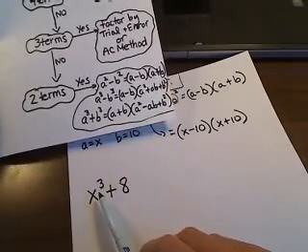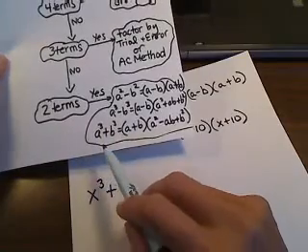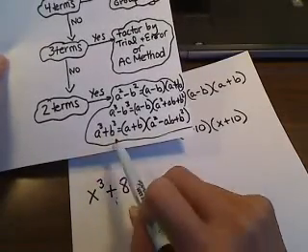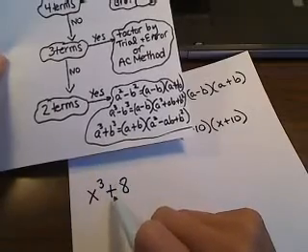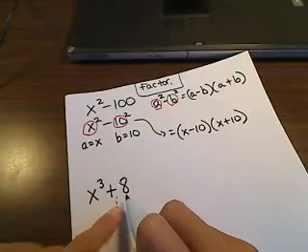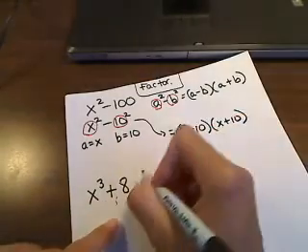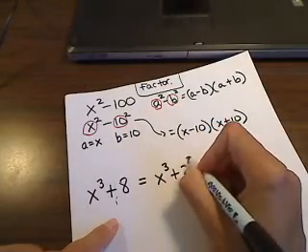We have an x cubed here. So we're thinking, can I make it fit one of these cube formulas? Obviously we would need to make it fit the sum formula because we have a plus sign in the middle. So I want to think about, is there any way that I can write this 8 as something cubed? Well, yes, I can. I can write it as 2 cubed.